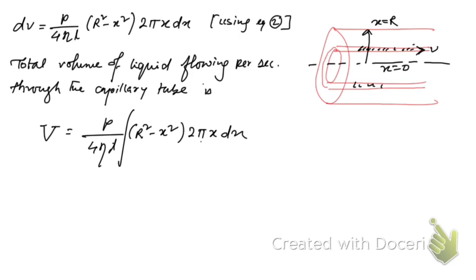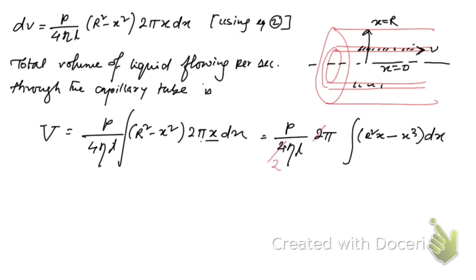So P by 4 eta L, 2 pi, integral. Now multiply this x with this: R square x minus x cube dx. This 2 cancels with the 4 to give 2, so P by 2 eta L, then pi also there.